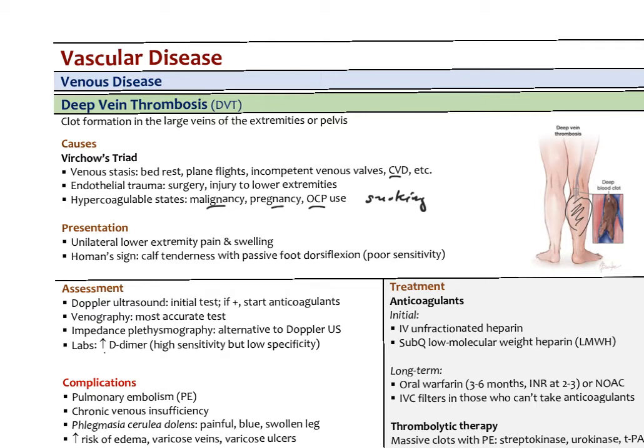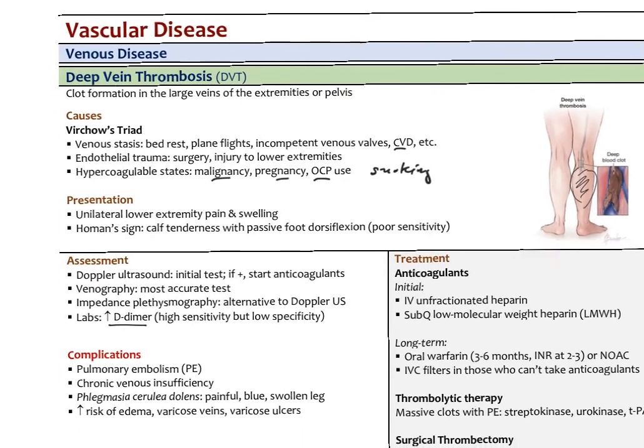And that has a very high sensitivity but very low specificity, meaning if we suspect it's a DVT and we order D-dimer, it's elevated, that's going to kind of confirm our diagnosis. But D-dimer on its own could result from increased thrombosis anywhere in the body, so not just down in the legs there. So that's going to be part of the assessment. So essentially Doppler ultrasound and D-dimer tests would be our primary initial methods there.